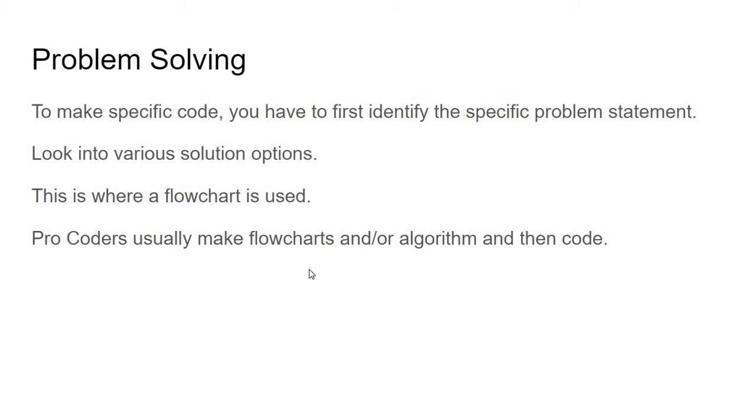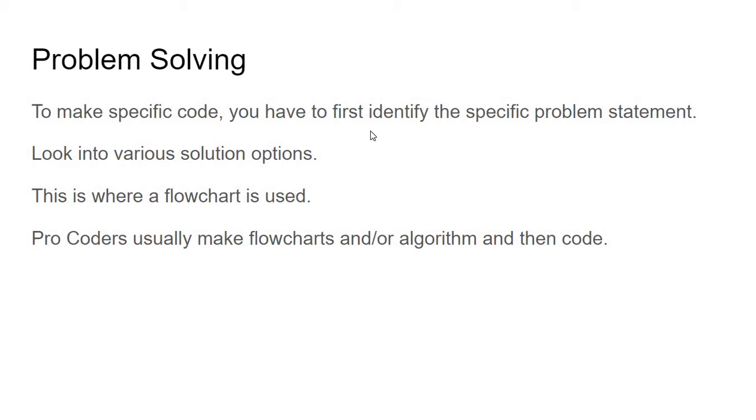If you remember my previous video, there are flowcharts which you can use for problem solving. The reason why problem solving is important is because to identify the specific problem statement or solve it, you have to use problem solving. To make some specific function or code which solves a specific problem, first you have to know what the problem is itself.